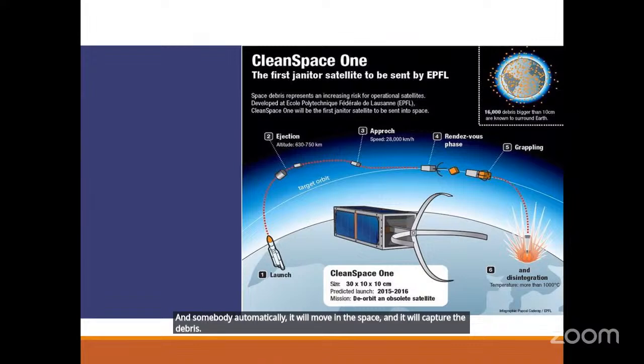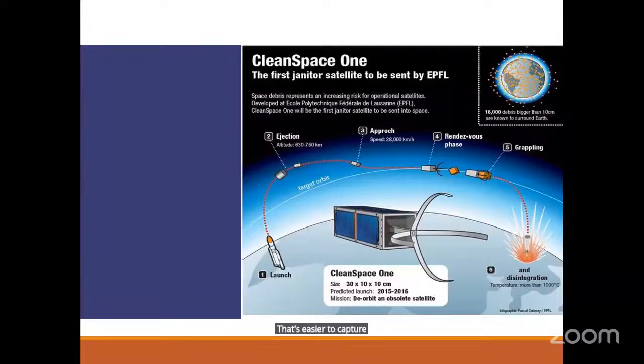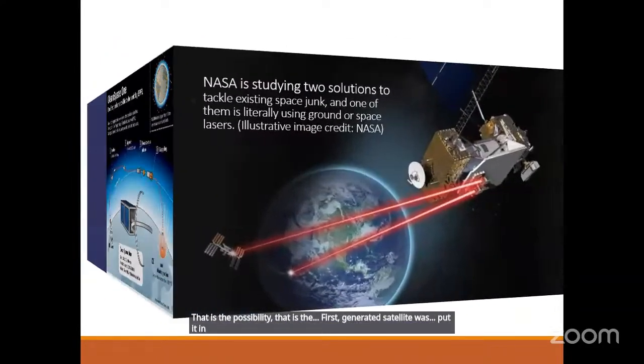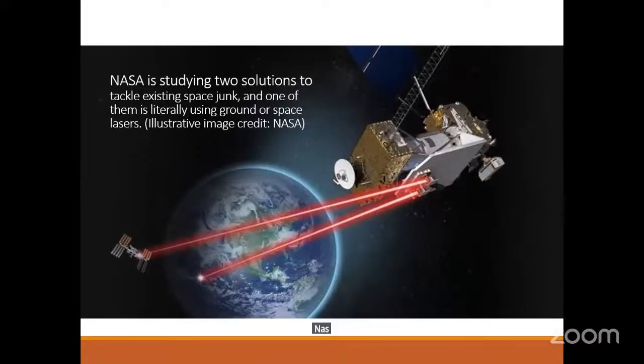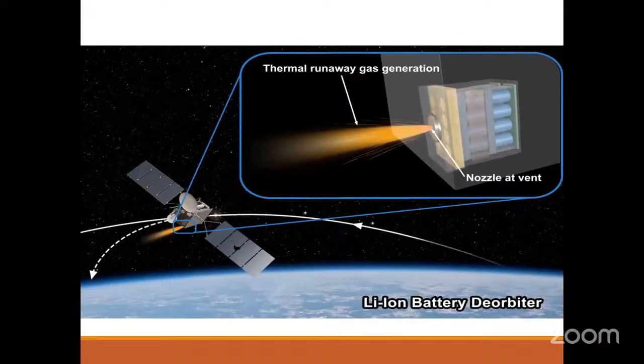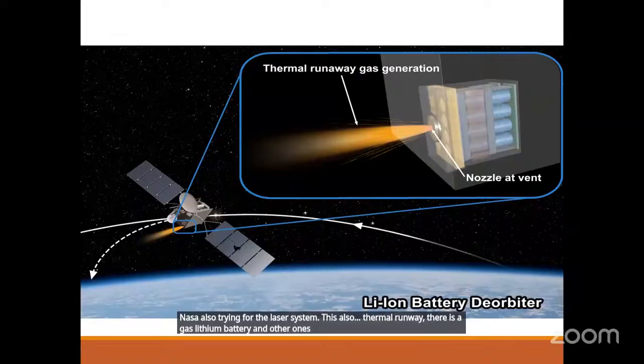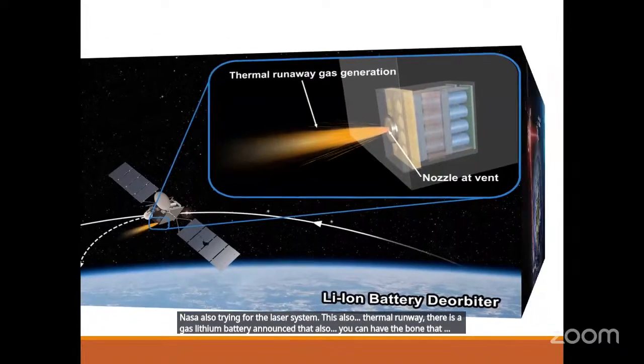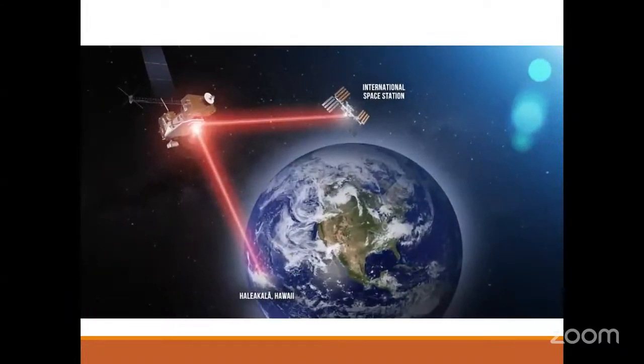You see the four arms there. It is easy to capture and put it onto the satellite. That is the possibility, and that was the first generation satellite put into space. NASA is also trying a laser system. This is also thermal runaway, where a gas lithium battery is announced, and that can also burn things. This is again a laser system from the International Space Station.